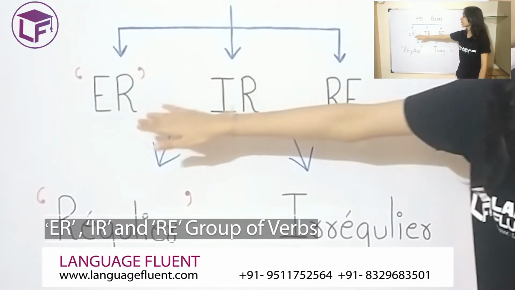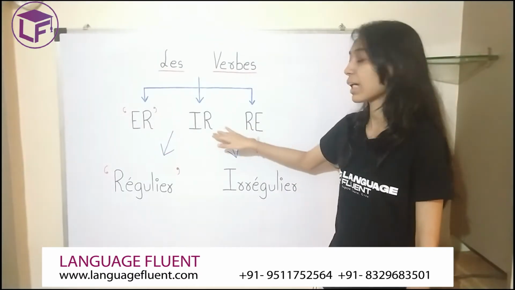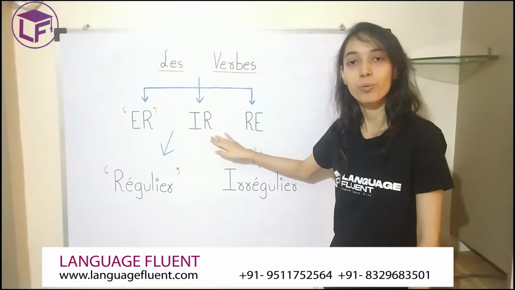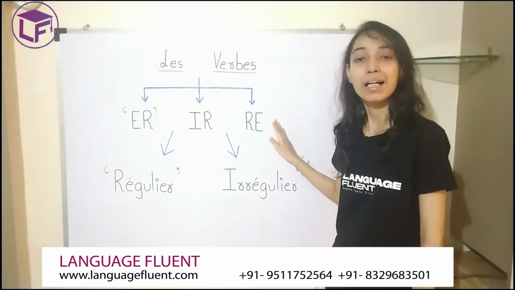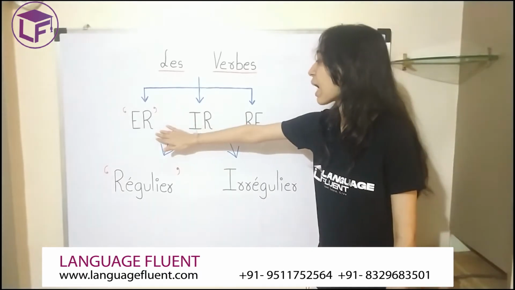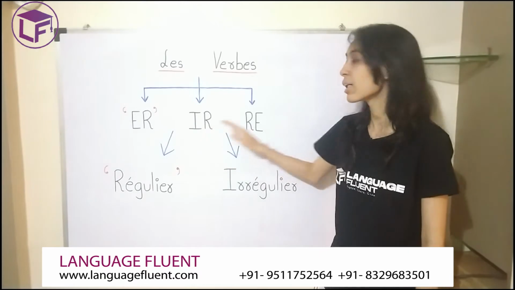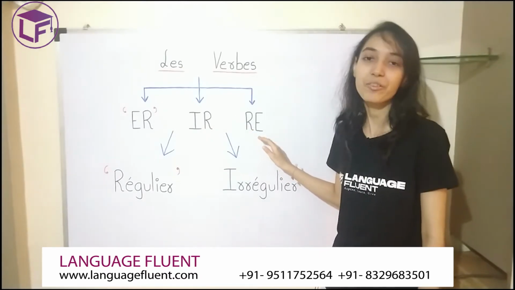Verbs that end with ER are known as ER group of verbs. Verbs that end with IR are known as IR group of verbs. Verbs that end with RE are known as RE group of verbs. In French, verbs end with either ER or IR or RE. There is no other possibility of endings of verbs in French.